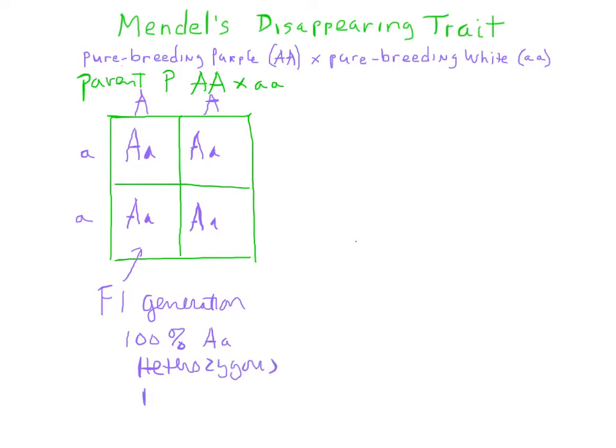And these are all purple flowers. Remember, the genetic code is the genotype, and what it looks like is the phenotype.